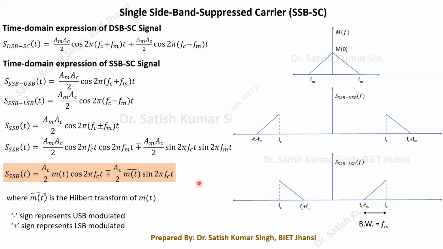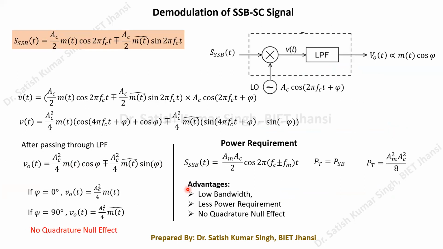Now, if you go for the demodulation, the only possible demodulation is synchronous detection. We have to do the synchronous detection simply the way we have done for the other cases. We have to multiply the SSB signal with a locally generated carrier.